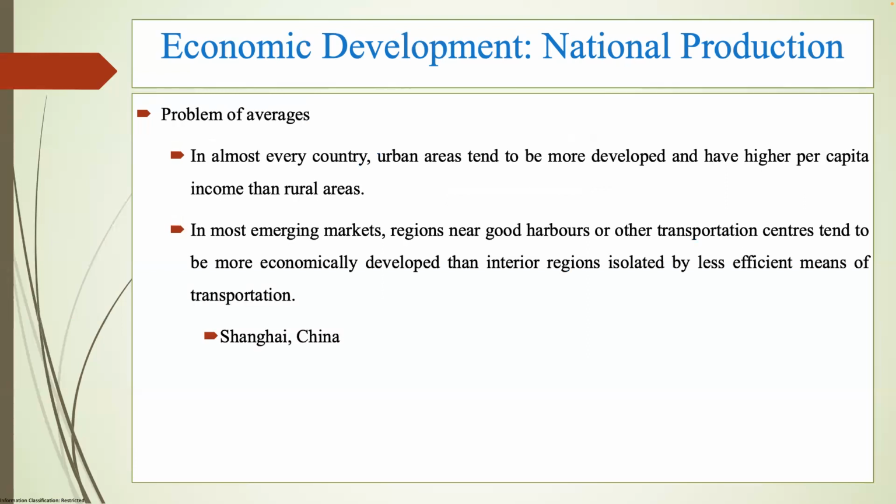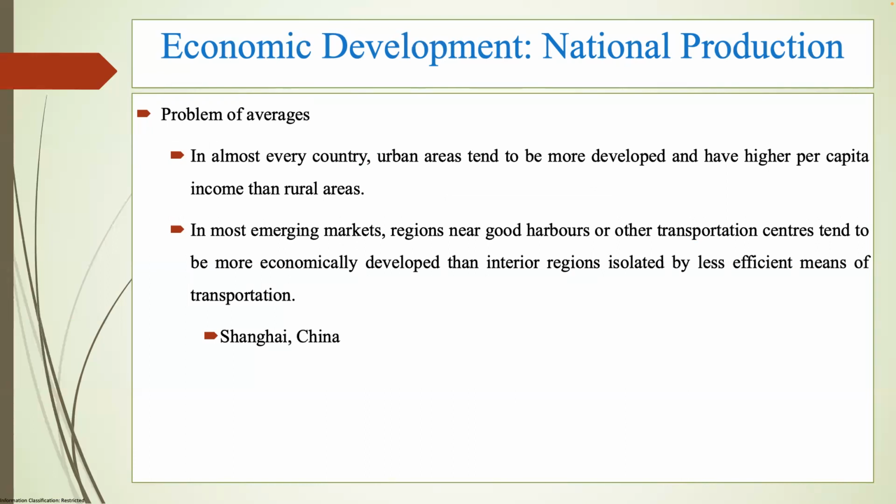Problem of averages. Recall the per capita number that gives an average figure for an entire country. These numbers are helpful in estimating a nation's quality of life, but averages do not give us a very detailed picture of development.